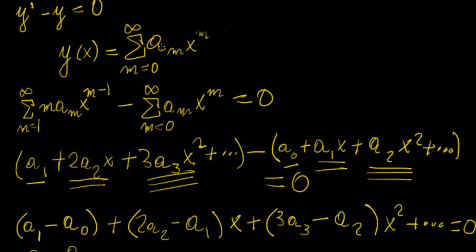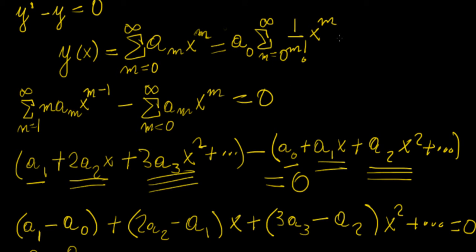This essentially means that this particular sum is going to become the following. This is going to be a0 times the sum m equals 0 to infinity of 1 over m factorial times x to the power of m. So that's going to be our general solution to this equation.